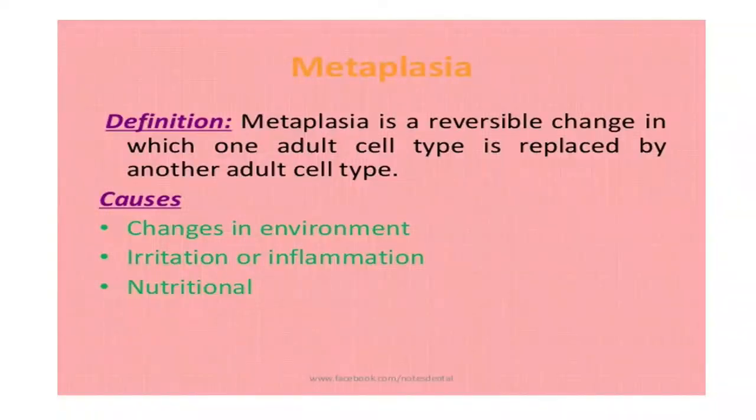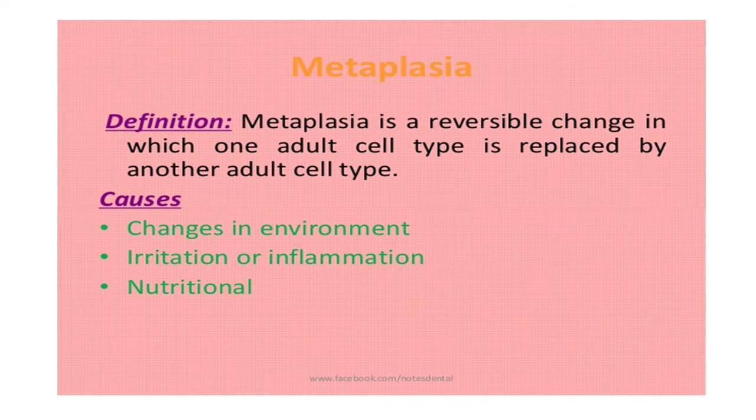Metaplasia. Metaplasia is a reversible change in which one adult cell type is replaced by another adult cell type. As we saw in the diagram, it was like a cube, but now it was becoming like a circle. So it is a complete replacement; that is not what the cell was, but now it is changing.